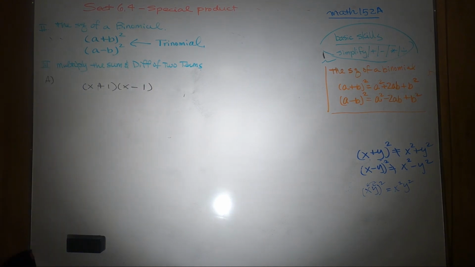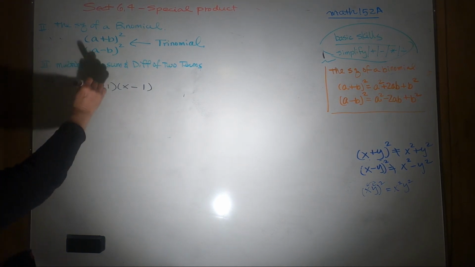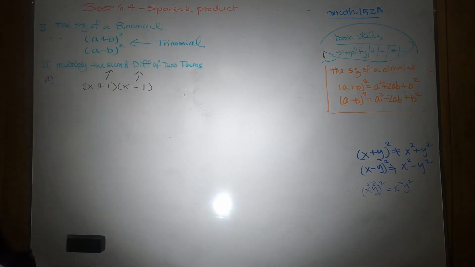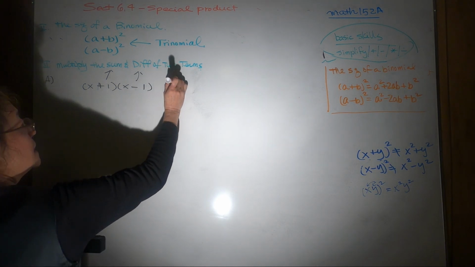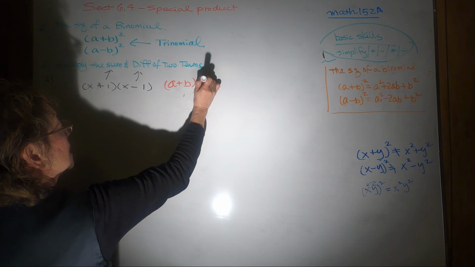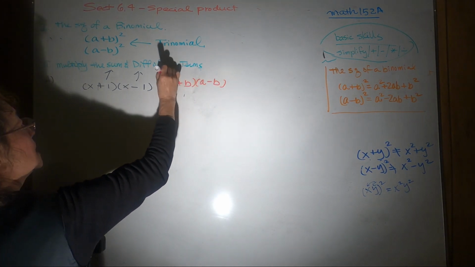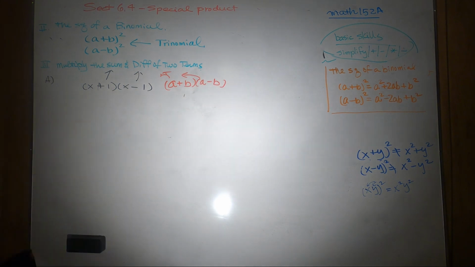I'm still doing binomial and binomial, a special product. Multiply the sum and the difference of 2 terms, and let's see what it ends up. Or we are talking about a plus b times a minus b, the sum and the difference.